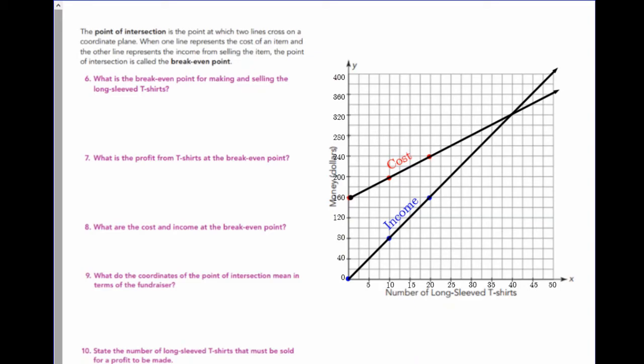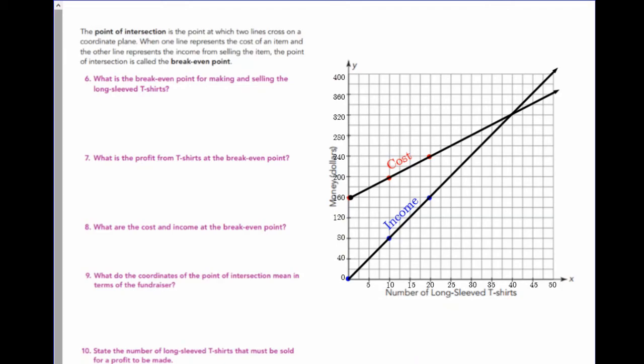Now on the next page, there is a little paragraph. So I want you guys to be reading along with me as we go and fill in the blanks when I pause. The point is the point at which two lines cross on a coordinate plane. When one line represents the cost of an item and the other line represents the income from selling that item, the point of intersection is called the break-even point.